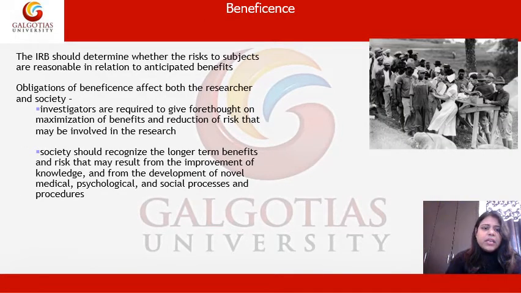Beneficence. The IRB should determine whether the risks to subjects are reasonable in relation to the anticipated benefits. The obligation of beneficence affects both the researcher and society.